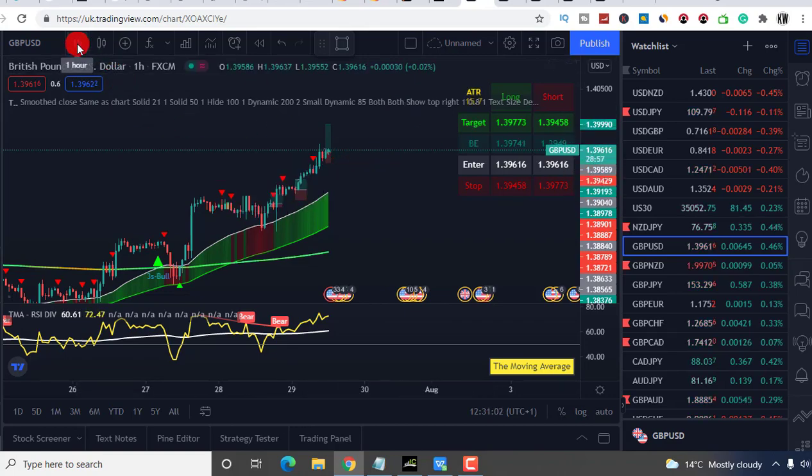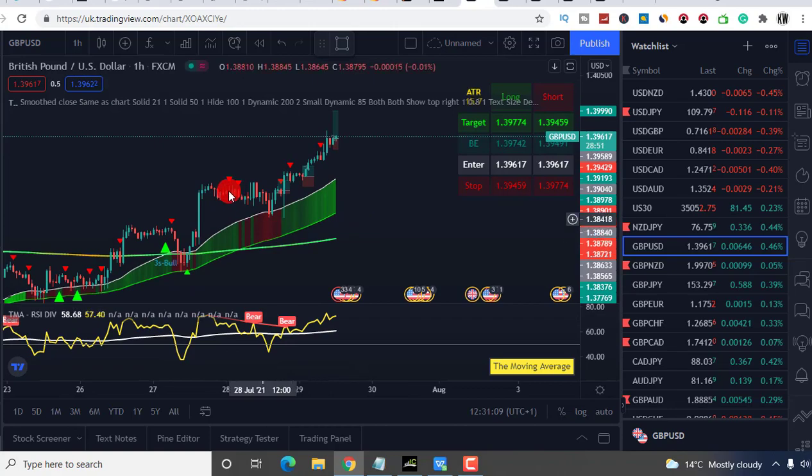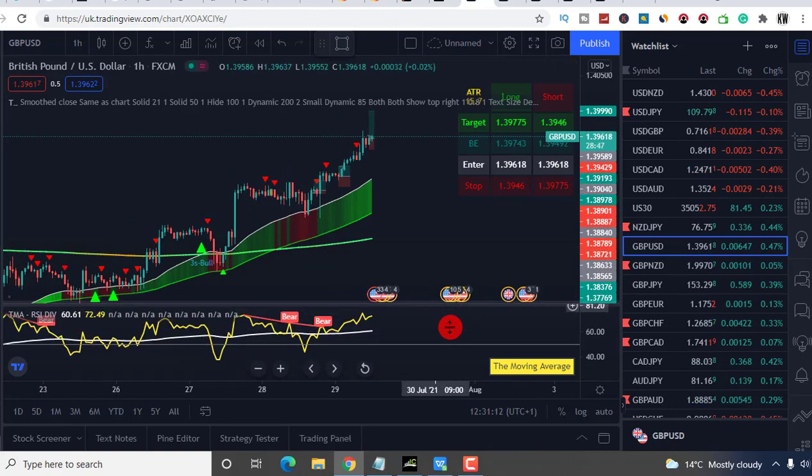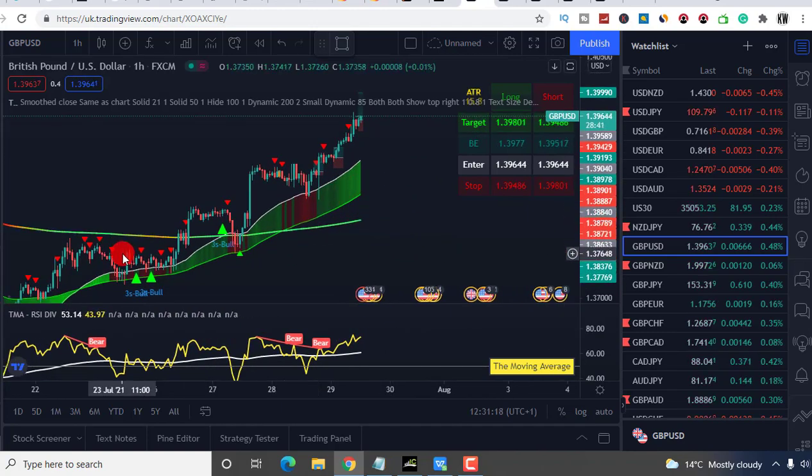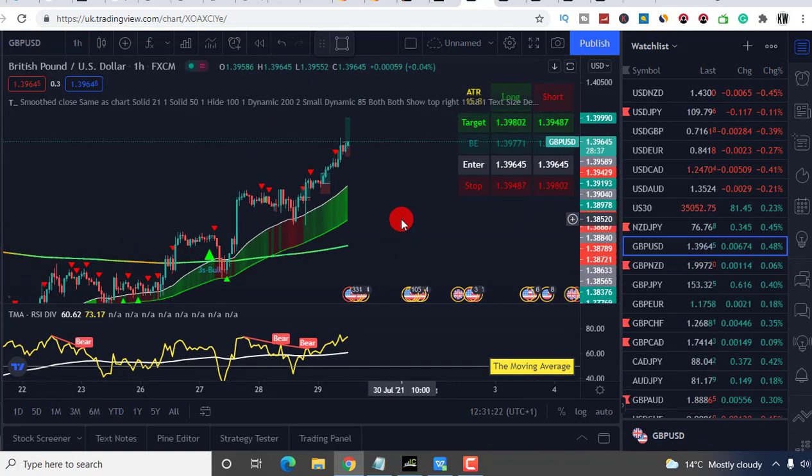That's not what we're looking for, but still in an hour time you see it's an uptrend going up. A bit of bearish we had over here, but overall, based on the moving average and this indicator, and based on the longer time frame, we see it is overall going upward. So great opportunity to buy.